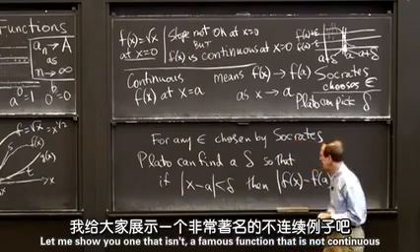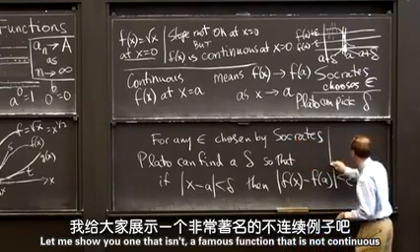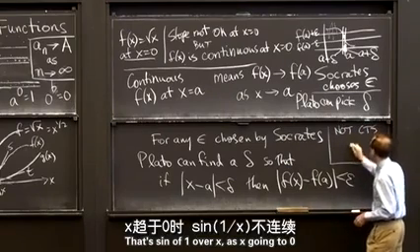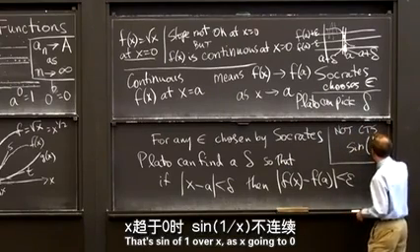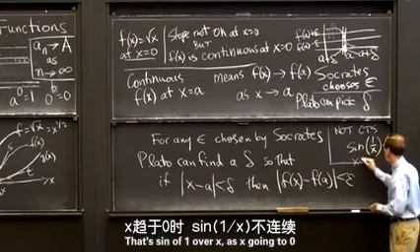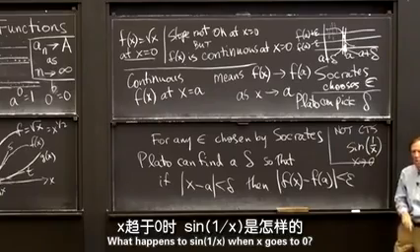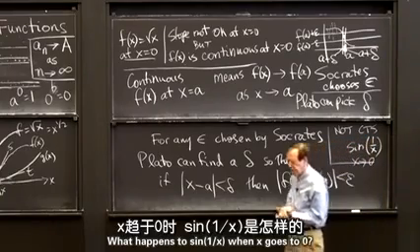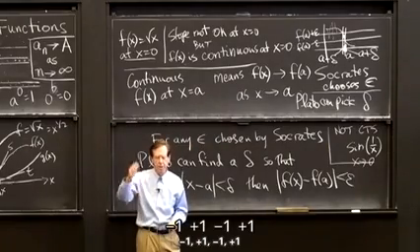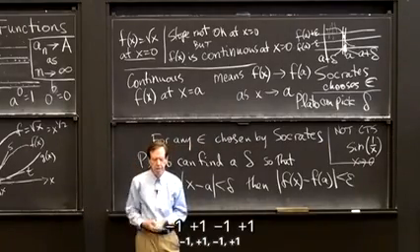Let me show you one that isn't, a famous function that is not continuous. Here's, let's say, sine of 1 over x as x goes to 0. What happens to the sine of 1 over x when x goes to 0? Well, the sine, we know, oscillates -1, +1, -1, +1.